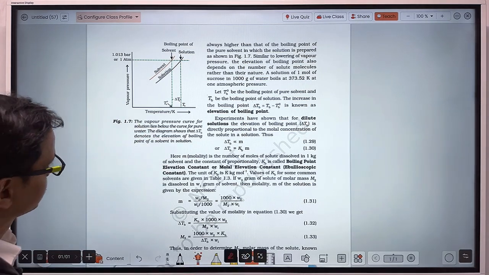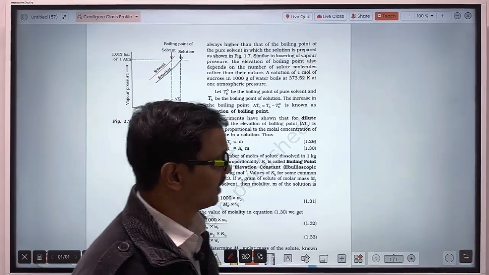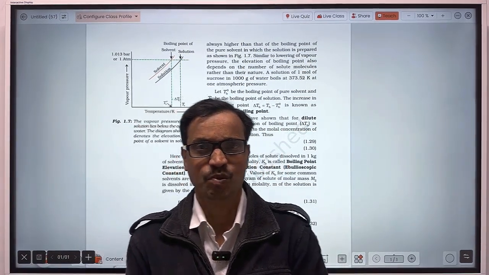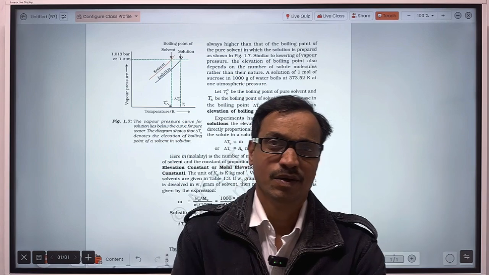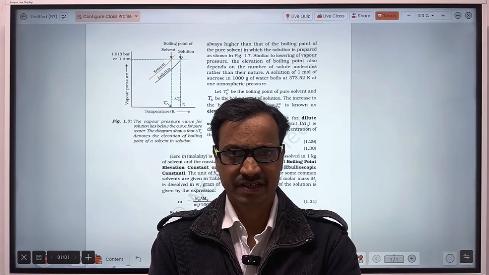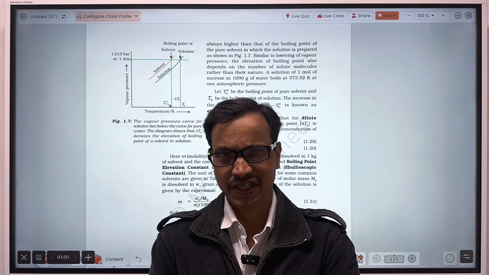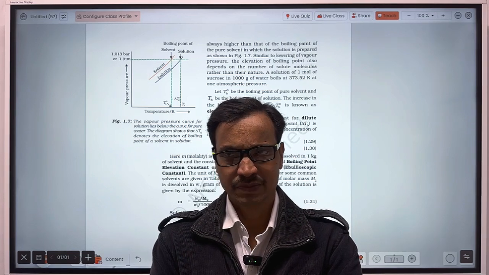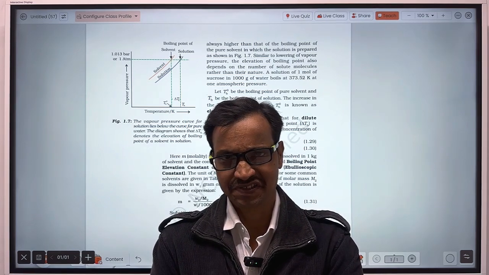So, let us see what happened here. What is boiling point actually? Firstly, what is boiling point? Boiling point is the temperature at which the vapor pressure of a liquid becomes equal to atmospheric pressure.